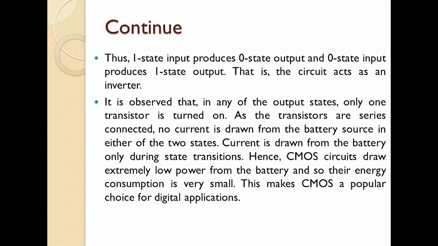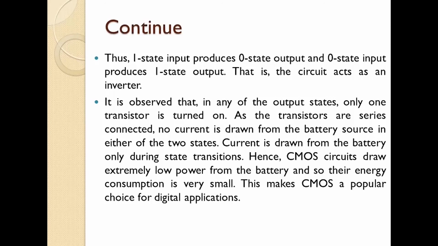As the transistors are series connected, no current is drawn from the battery source in either of the two states. Current is drawn from the battery only during the state transition. What is the meaning of state transition?